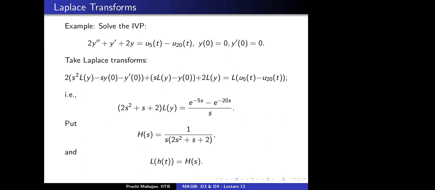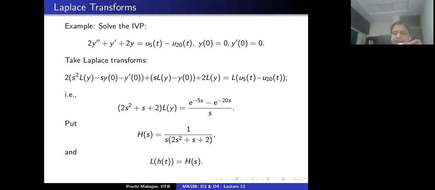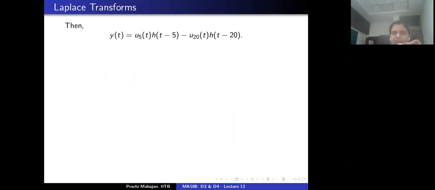If I am able to identify little h, the inverse Laplace transform of capital H, then by the formulas that we just discussed in the beginning of the class today, the solution to this initial value problem will be given as follows, as it's available on the slide. Is that okay?